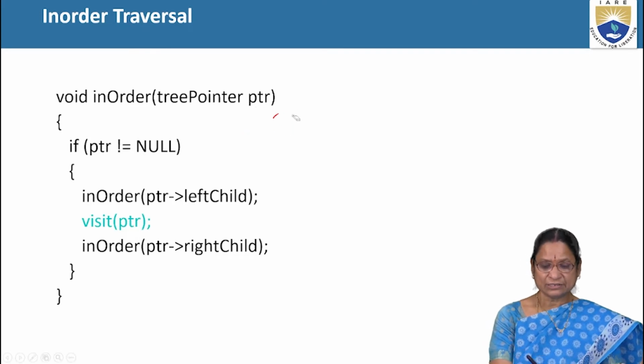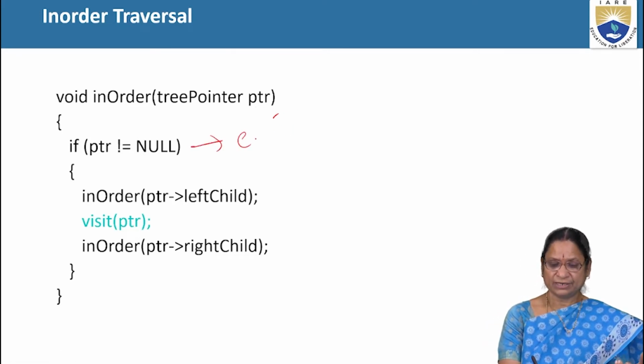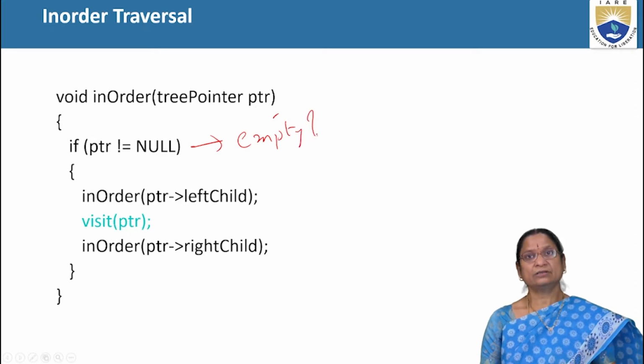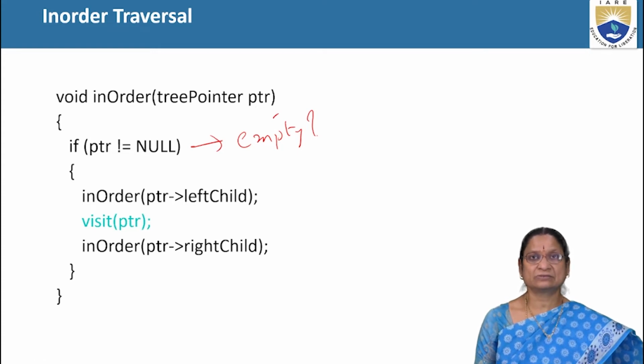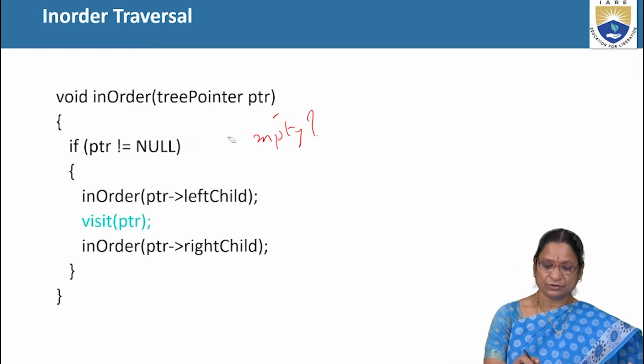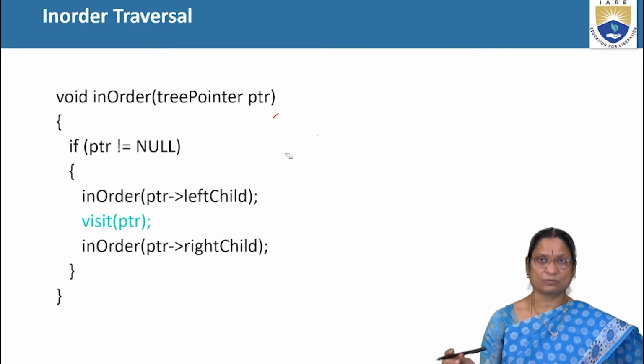This is the checking of emptiness, an empty tree, or that no further subtrees exist for this node. So only if PTR is not equal to null do we have to process. If PTR is equal to null, we can stop, because no elements are there in our root.